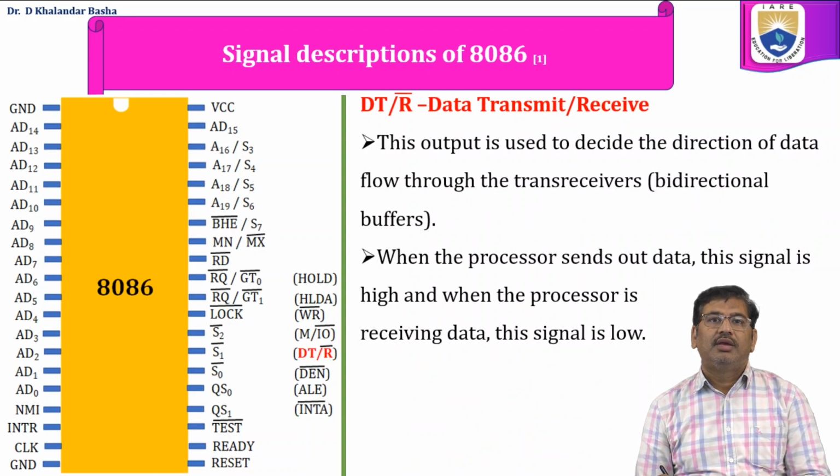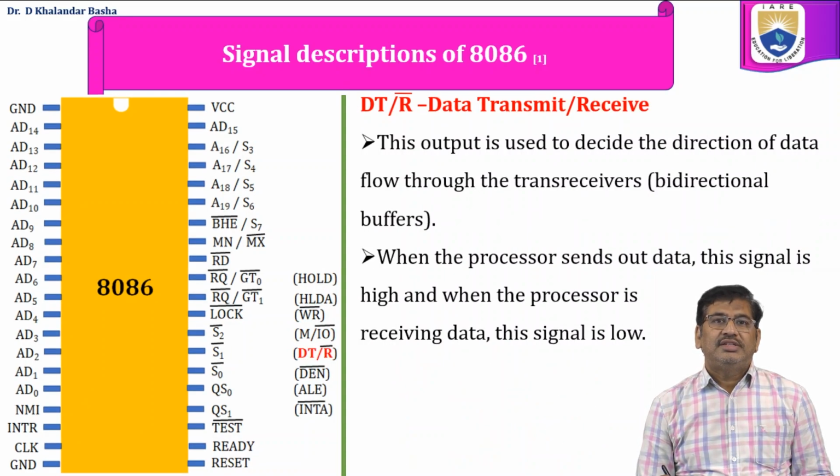The next signal we have is DT/R bar, where DT/R bar stands for data transmit or receive. This output signal is used to decide the direction of data flow through the transceiver, as transceivers are bidirectional buffers.